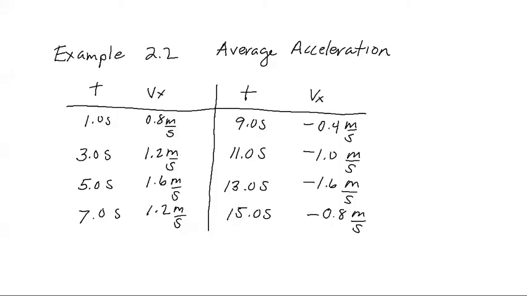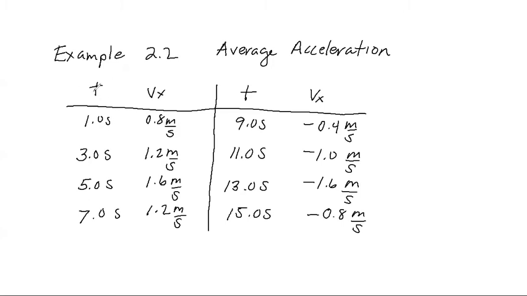Example 2.2 is one that explores average acceleration. An astronaut has left an orbiting spacecraft to test a new personal maneuvering unit. As she moves along a straight line, her partner on the spacecraft measures her velocity every 2.0 seconds, starting at time t equals 1.0 seconds.